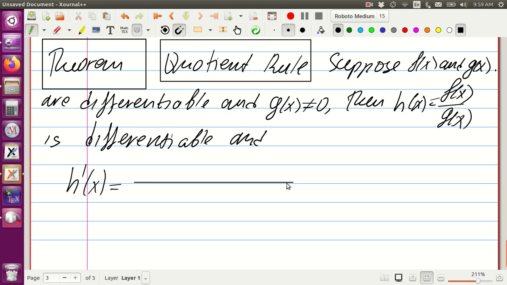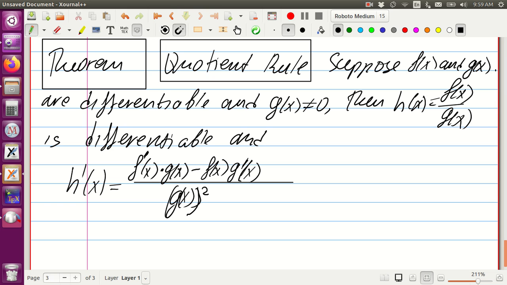We have f prime of x times g of x minus f of x, g prime of x, and on the bottom we have g of x quantity squared. So that's the quotient rule. Minus is really important, therefore the order is kind of important here.